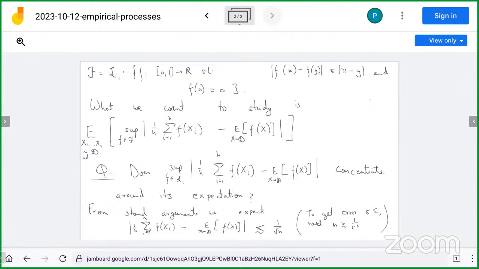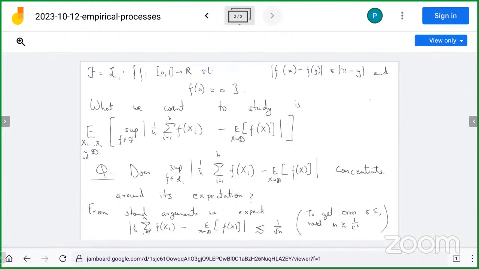So what do you think will happen for the whole class? For one function it is 1 over root n. Can we do something for larger classes?